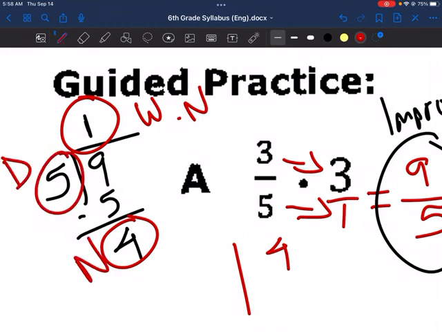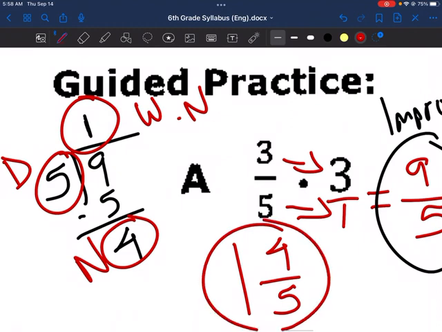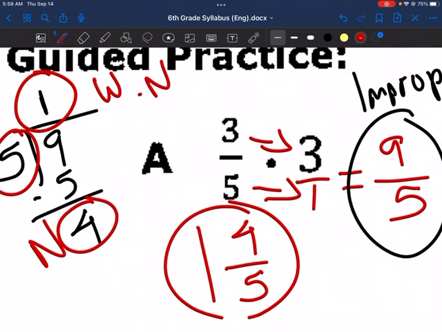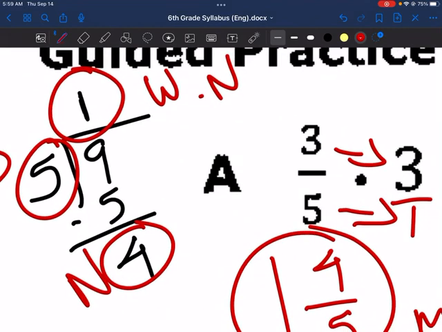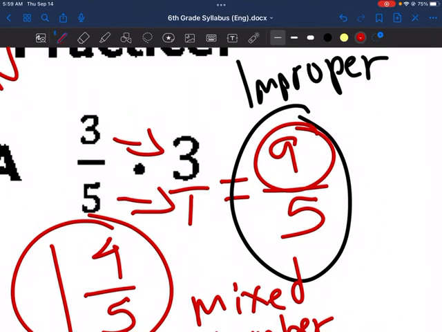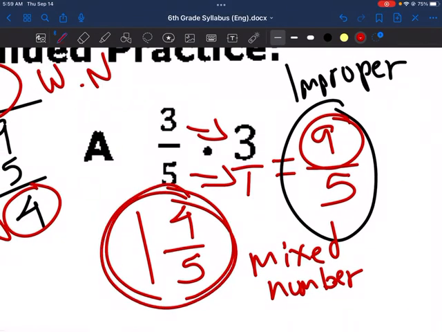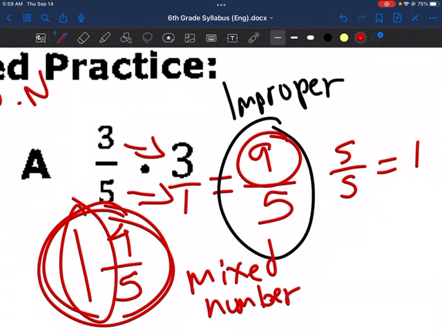When the bigger number is on top, you're going to have something like this. And it makes sense because one whole is 5 out of 5, right? If my denominator is 5, that means to make it a whole, we need 5 out of 5. And since it goes over exactly 4, that's my fraction and the whole number is included.